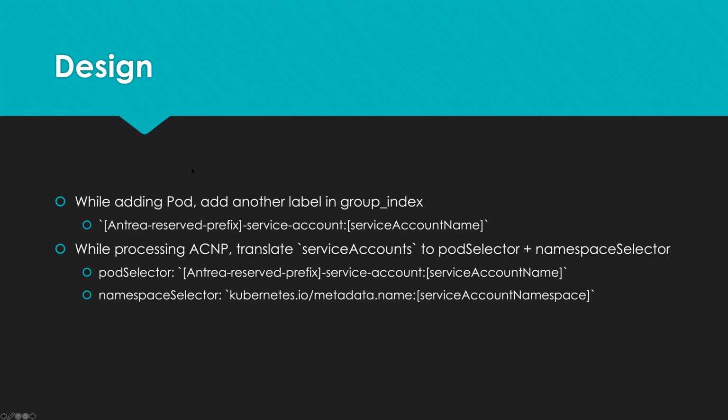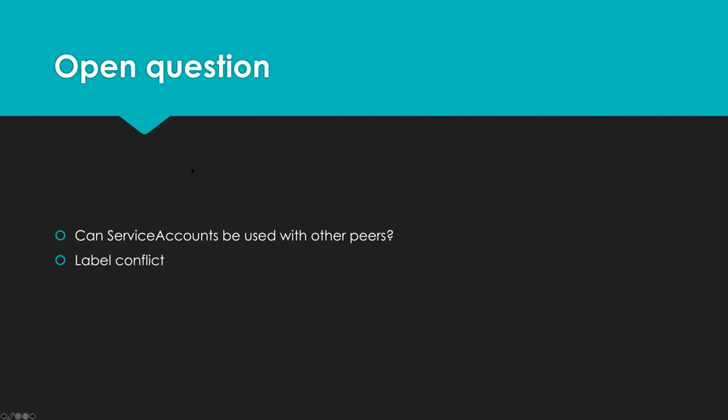Okay. Let's go to the open question. So basically, first is, can service accounts be used with other peers? In my own opinion, I think it should be used as a standalone peer, no matter in appliedTo or in the ingress or egress from or to field.